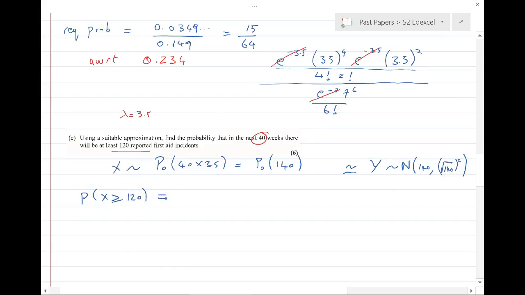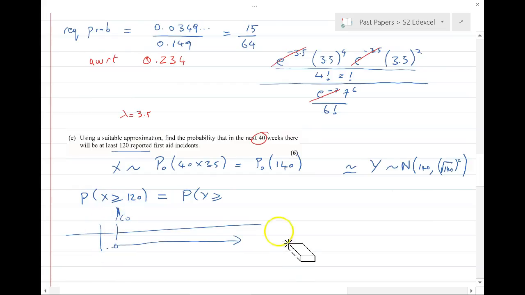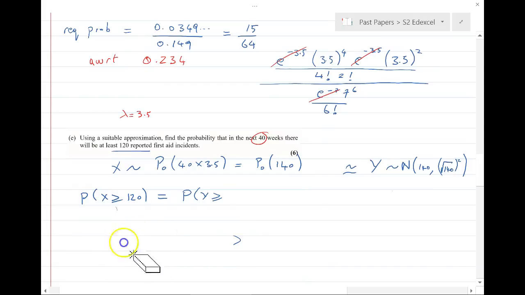Now we need to apply a continuity correction when we change that to the Y, because if we draw it on a number line, with 120 there, always extend the number line backwards 0.5, so long as we have a non-strict inequality. So that's 119.5.